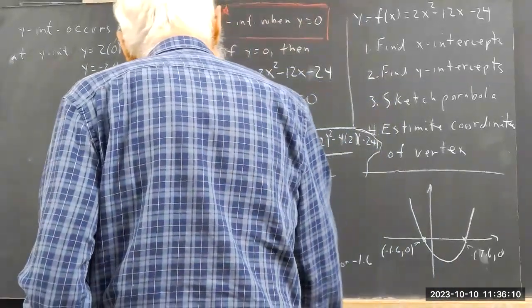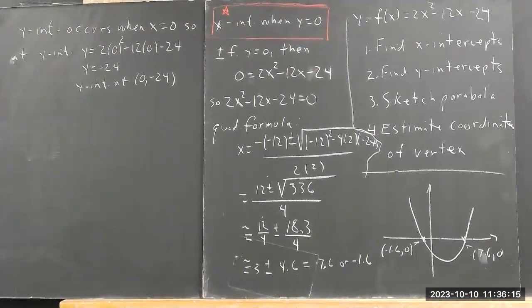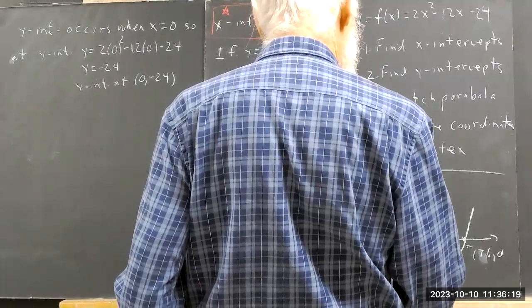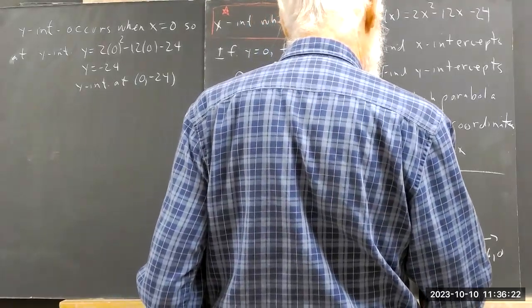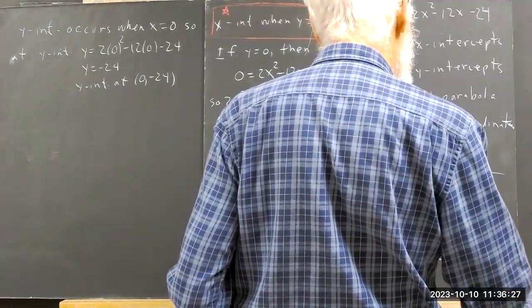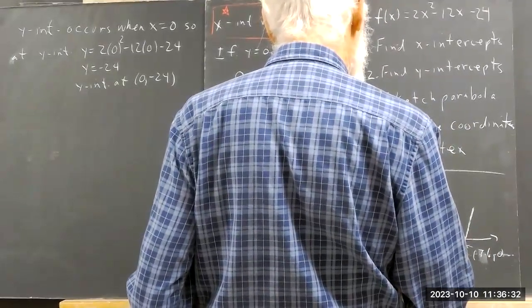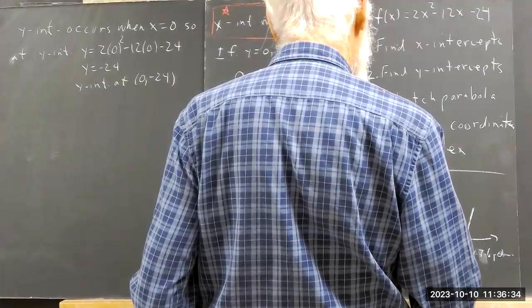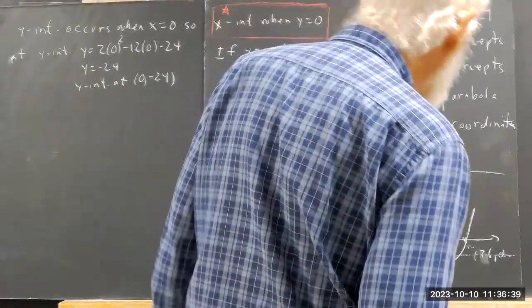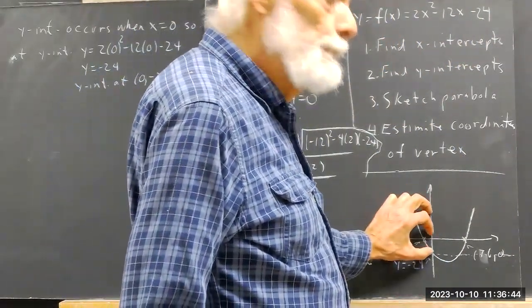So to emphasize that, I'm going to draw a horizontal line through that point and call that line y equals negative 24. So now we've got a scale. 24 is this big.